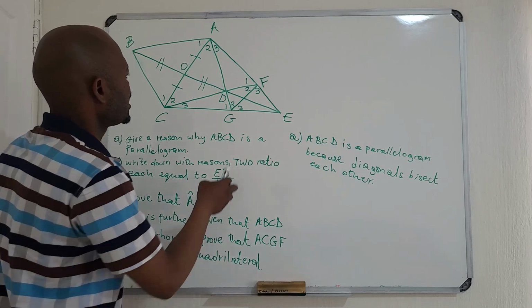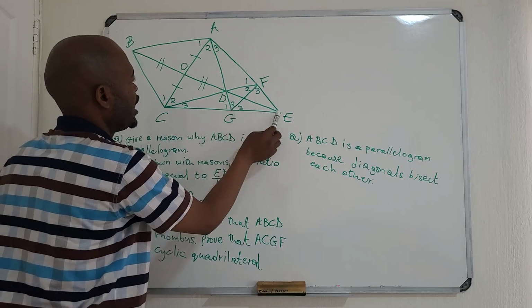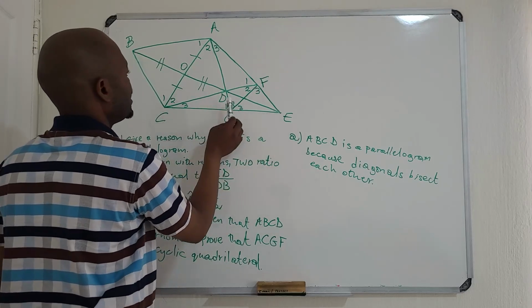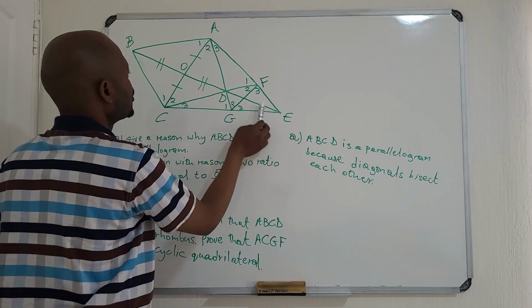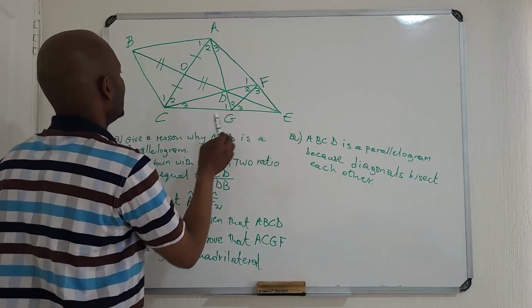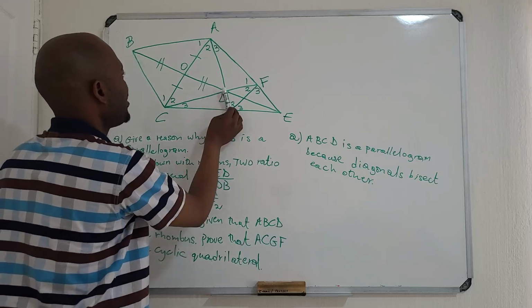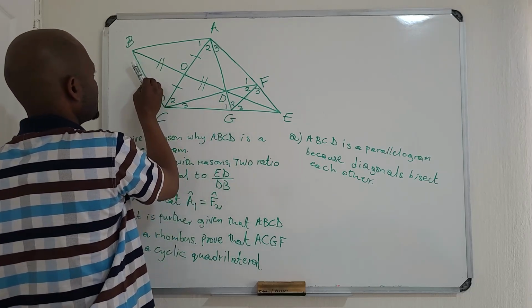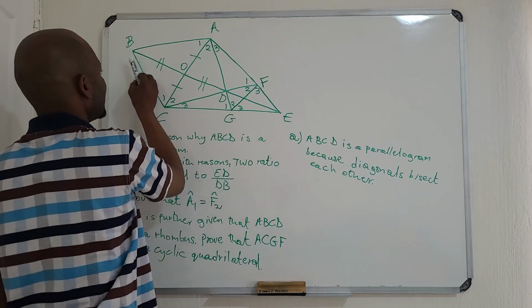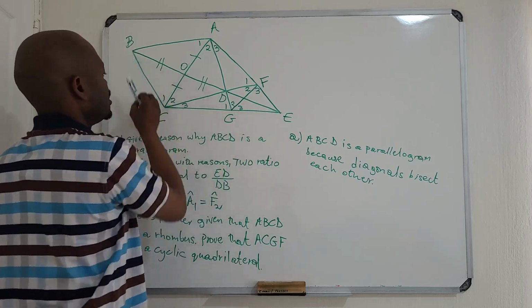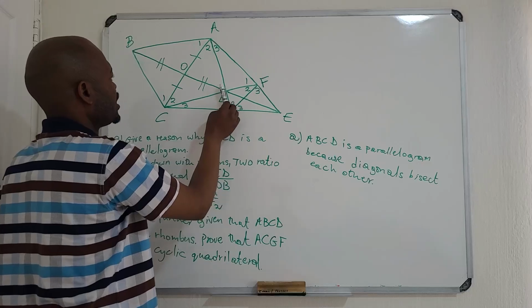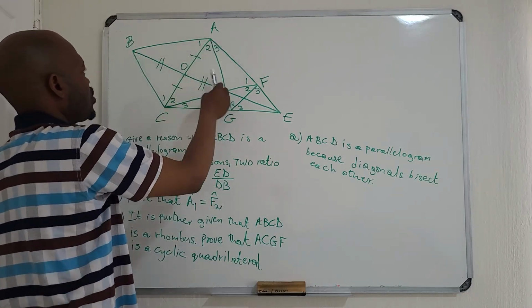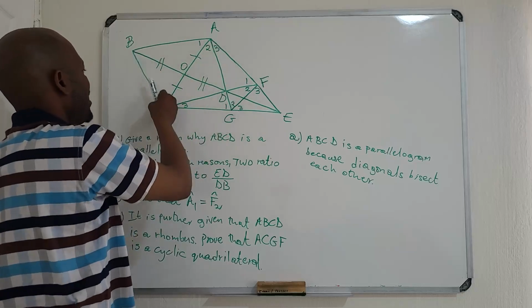In triangle EBC, DG is parallel to BC. This side is parallel to that side, since in a parallelogram opposite sides are parallel.